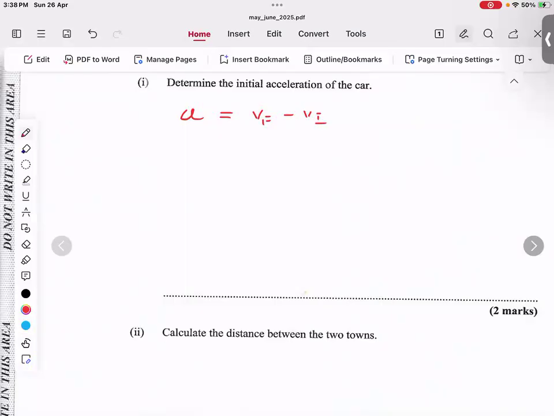Is it divided by 2? Hold on, let me double check. I don't do this question very often. I think it's V final minus V initial divided by time taken. It's not divided by 2, it's divided by the time. Yes, you're correct. Divided by the time.